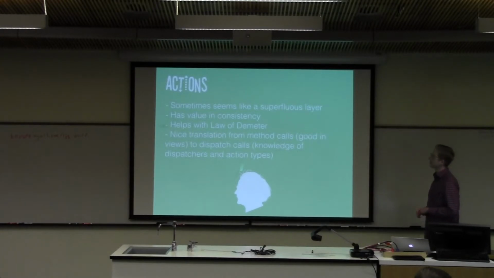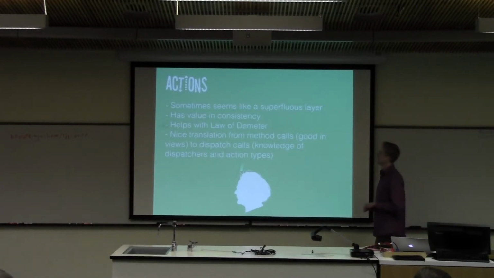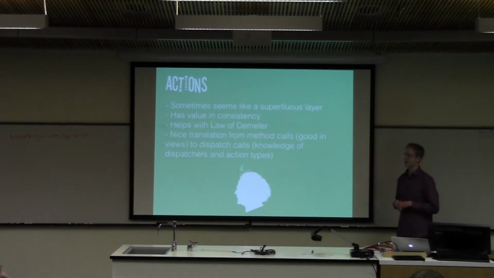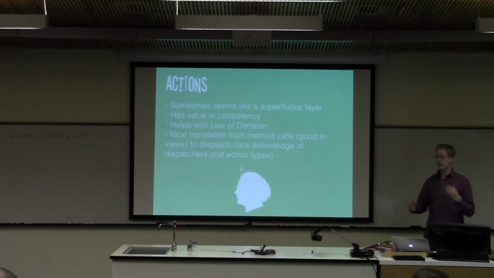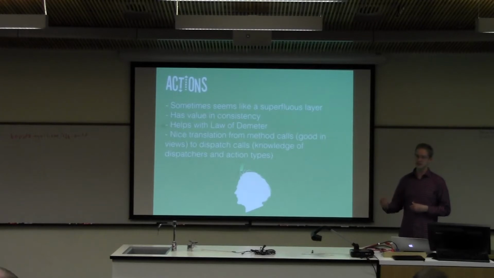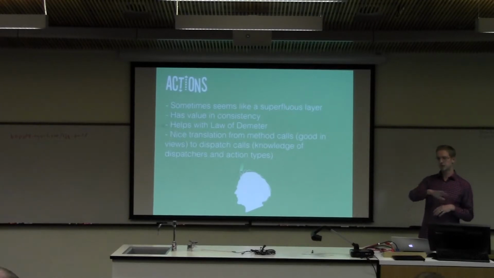On the actions, sometimes I feel like this is a slightly superfluous layer, but I have eventually valued the consistency that it's helped me feel. Actions are the things that the app does, and obviously the app is doing them all the time.